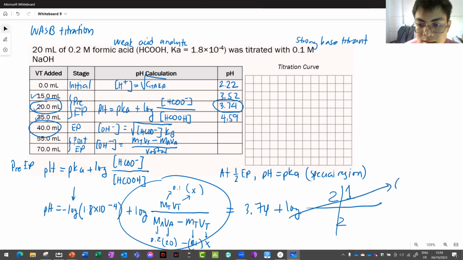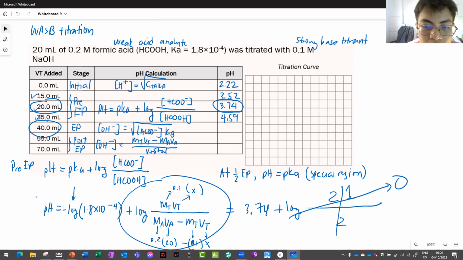This is 0. No? So that means at half the endpoint, nag-zero out yung concentrations dito. Nagka-cancel out sila lahat. So you have an equal amounts of the conjugate base and the acid. So yun yung special region.